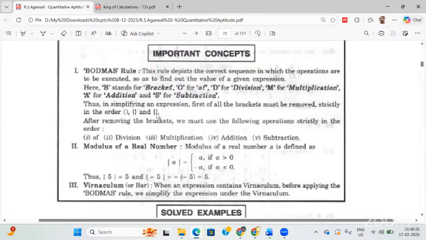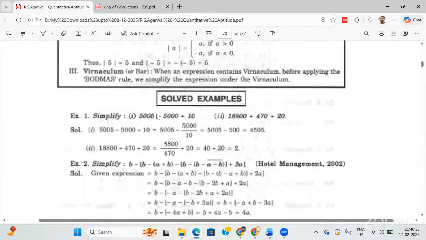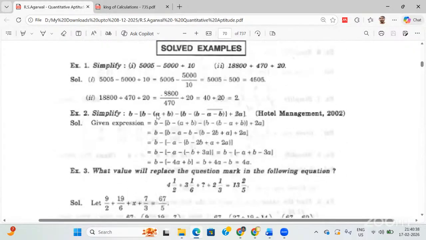But in between these, we have another bracket. Normally, we ignore this kind of bracket during our normal mathematics classes, like in your 10th level classes. But there is another kind of bracket.